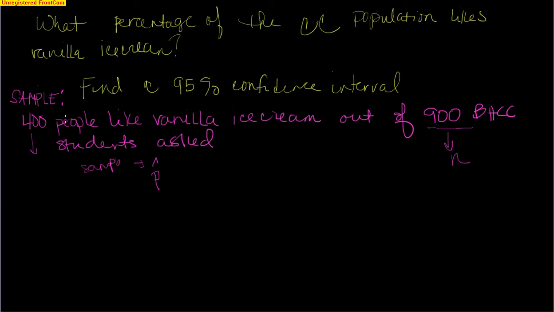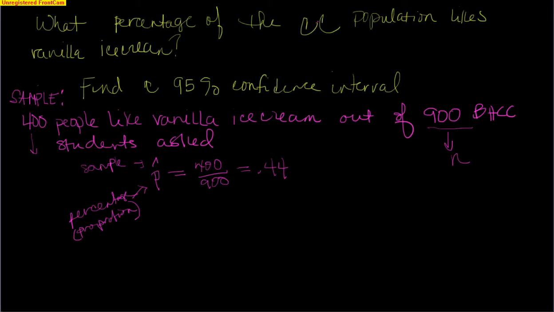We're going to use the small case letter P to represent percentage or proportion. Sometimes you see the word proportion. It's really interchangeable in this case. That's going to equal our 400 who like vanilla ice cream out of the 900 we asked. And if you actually plug that into your calculator, you're going to get 0.44. All right? So that's what the P with the hat on it means.